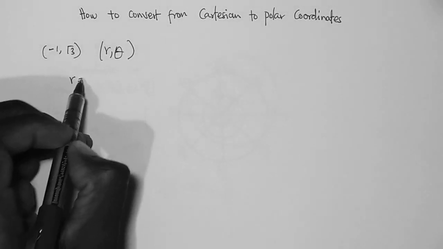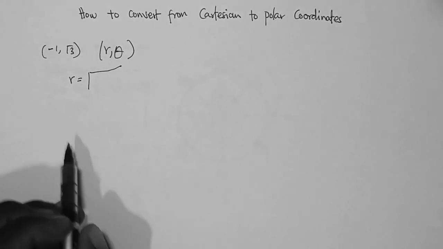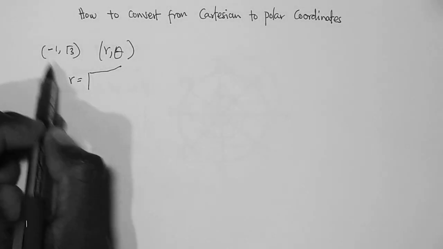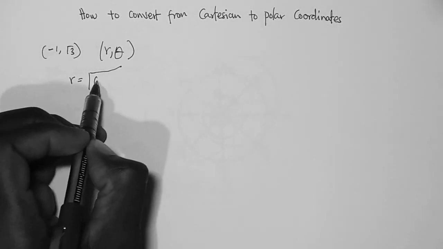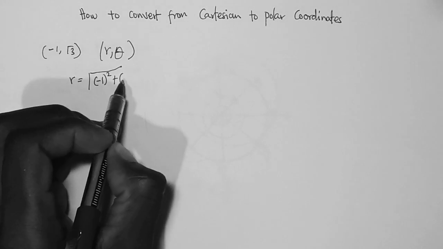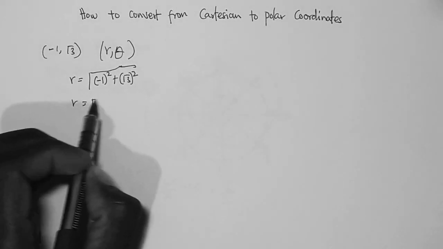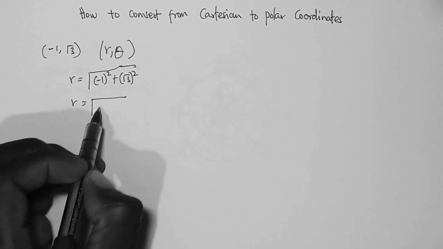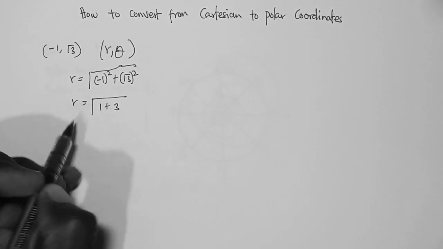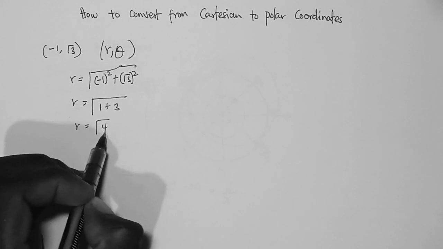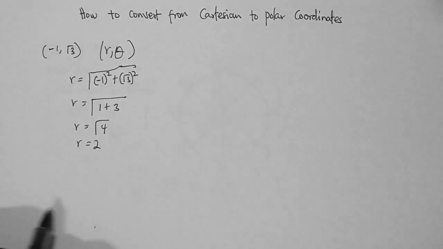And then r is equal to the square root of each of the coordinates squared and added together. So here we have minus 1 squared plus root 3 squared. So r is equal to minus 1 squared is 1 plus root 3 squared is 3. So r is equal to root 4, which is equal to 2.